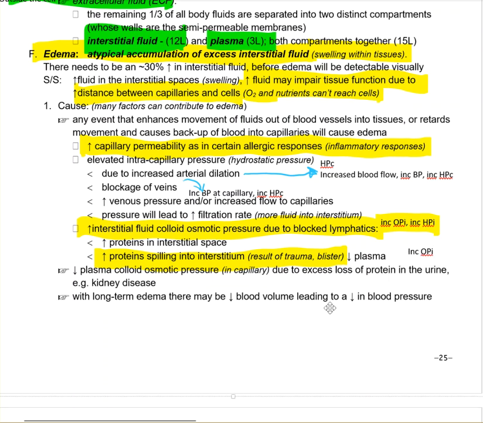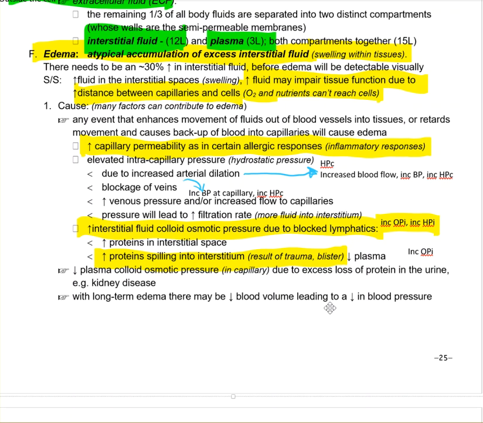Now, there's one more that we can talk about, and this is a decrease in plasma colloid osmotic pressure. Normally, remember, the OPC, the osmotic pressure of the capillary, was due to plasma proteins that are always in the blood. They're too big to leave, okay?